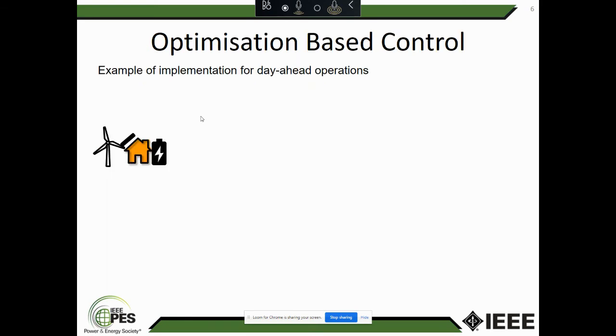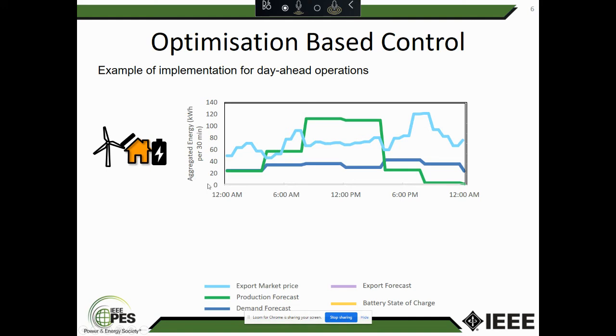So basically, if we look concretely at how it works, we have a household with PV or wind turbine and the battery. Then there is a forecast of the electricity price for tomorrow, of the production for tomorrow, and of the demand for tomorrow.